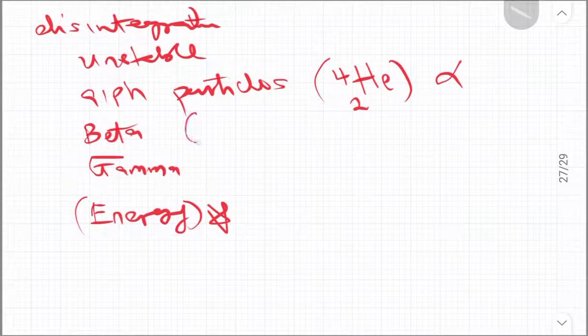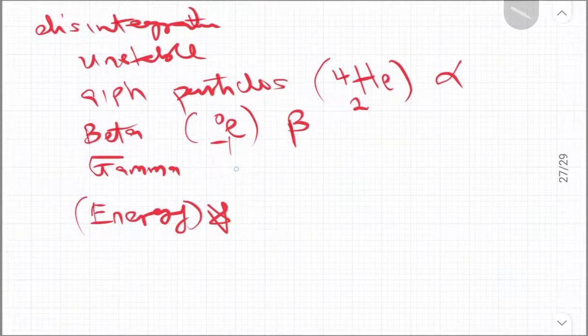So beta particles are actually electrons with a 0 mass and -1 charge. Beta particles are denoted with a letter that looks somewhat like B, but it has this long tail, right? So a gamma particle is actually fast-moving electromagnetic radiation.